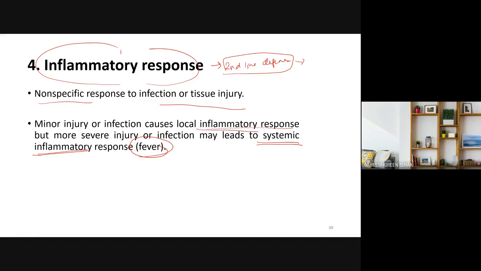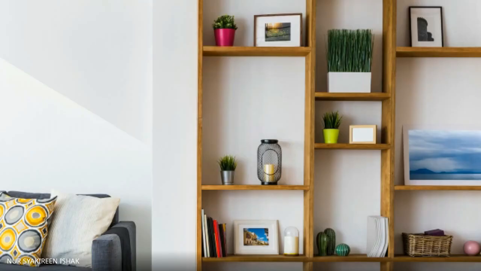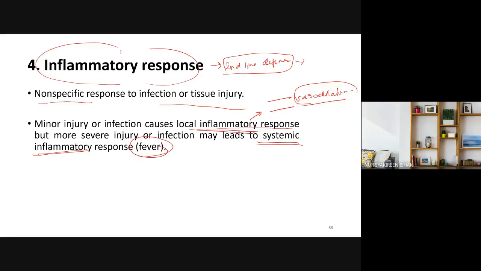Daripada nama tu, inflammatory, inflame. Kawasan yang kena infection tu akan berasa panas. Sebab apa dia berasa panas? Akan berlaku vasodilation. Okay, so when vasodilation occurs, the blood vessels' diameter will dilate. It brings more blood to the infected tissue or area. This will bring more metabolic heat.